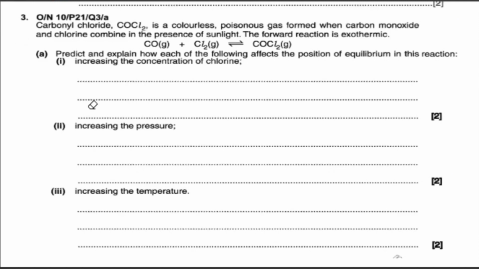Okay, this question is again predict and explain. It's from 2010, and it again says predict and explain. Like the question above, where it was describe and explain, instead of using the word describe, they're using the word predict and explain how each of the following affects the position of the equilibrium in this reaction.